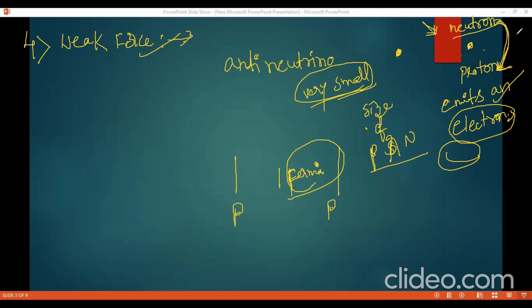The new particle is called an anti-neutrino, and it is very small compared to the size of the proton and neutron. So the size is too small and this force is very small.